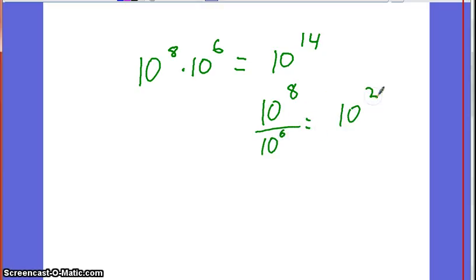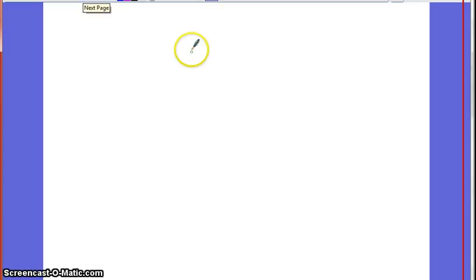Very good. Not hard, is it? But just one more just to mess with you guys. Third rule. 10 to the 5th power, squared.